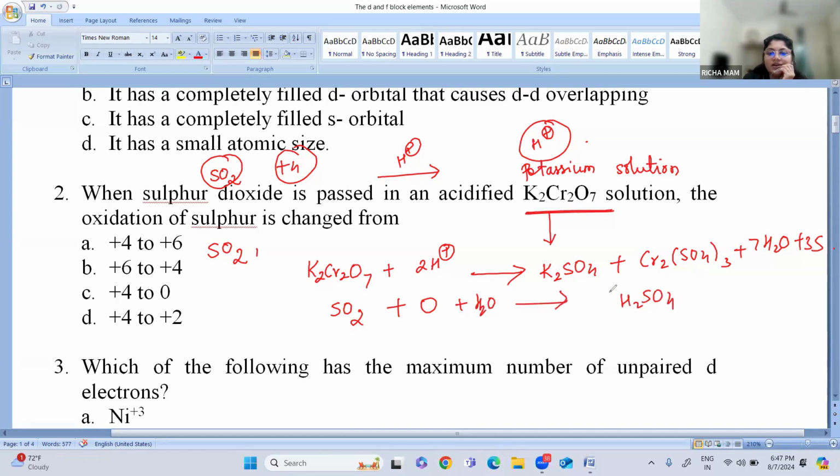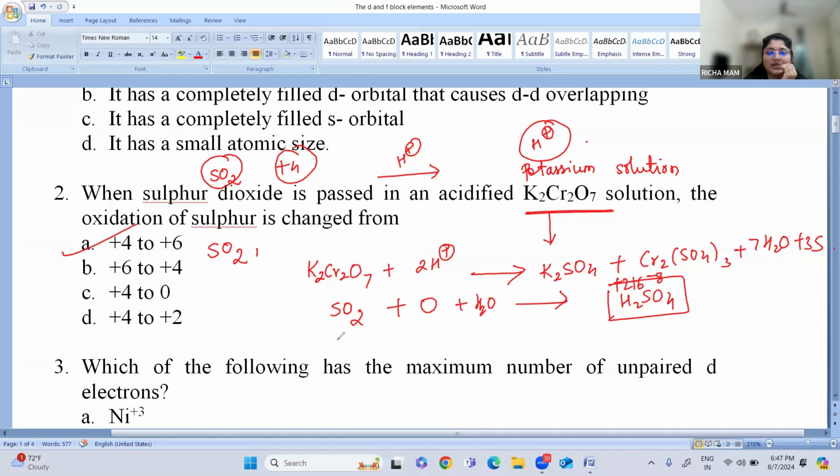So find here the oxidation state of sulfur in this. H+, each oxygen is -2, so -8, and this is +2, and this will be +6. So sulfur will undergo +4 to +6.